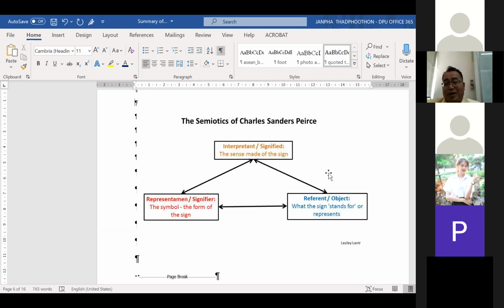But anyway, you should remember that for Ferdinand de Saussure, the sign model has two factors, signifier and signified. But for the Peircean model, Charles Sanders Peirce, the model had three factors: the interpretant, representamen, and referent or object.